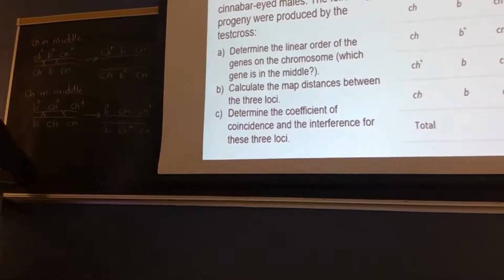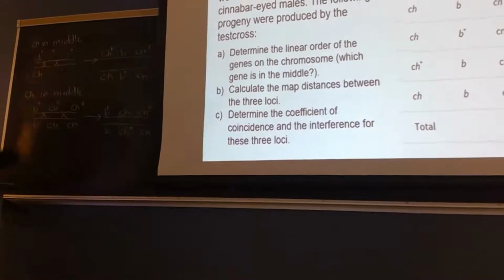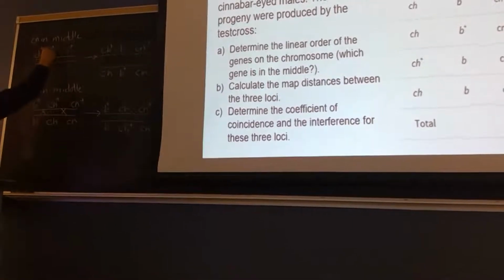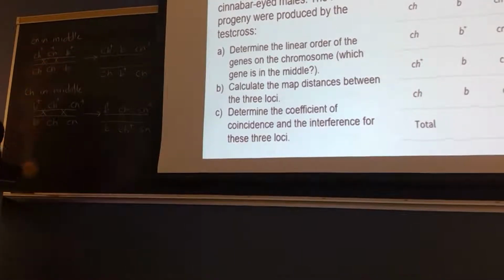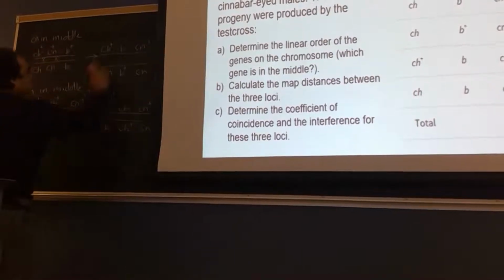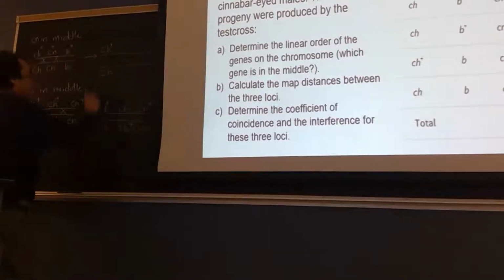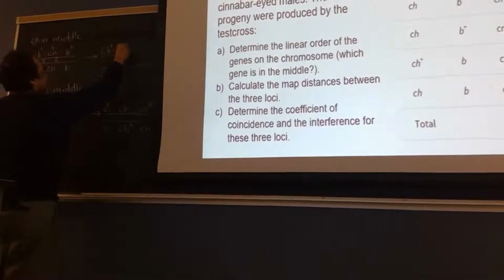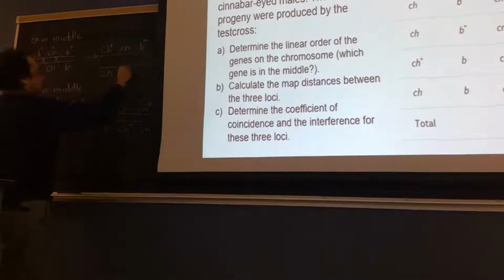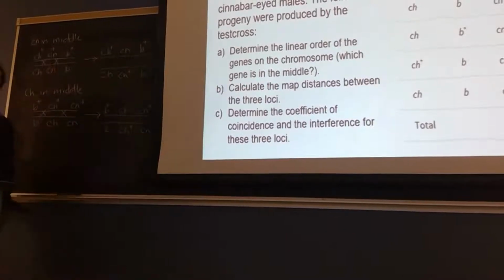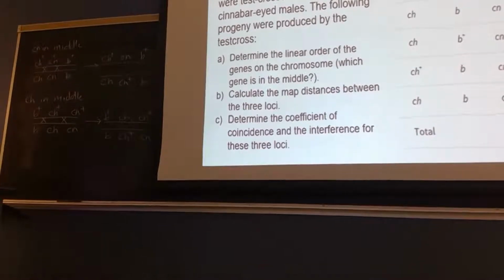If CN is in the middle, then in such case, CH plus, CN, B plus and CH, CN plus, B. Does it match? Definitely. If the other two are not, then this should be.